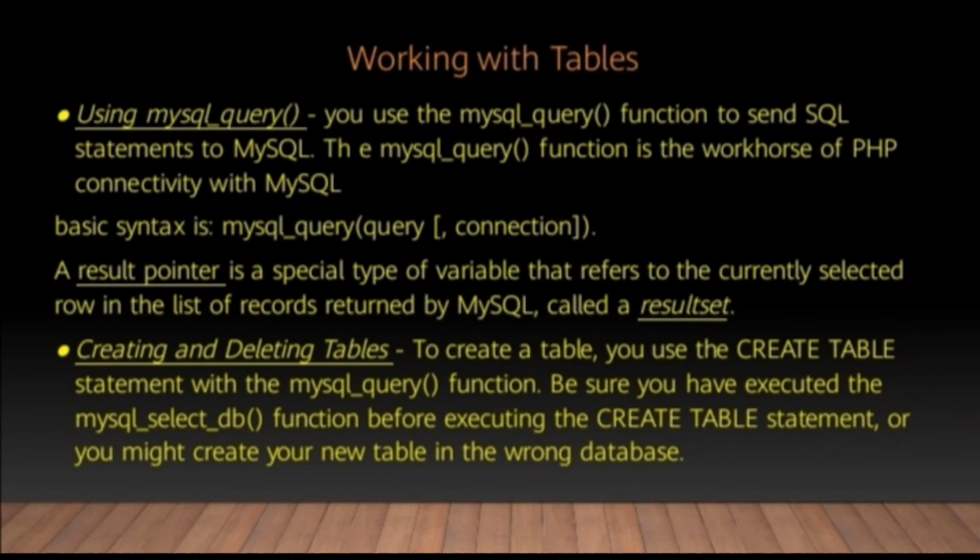The mysql_query function is the workhorse of PHP connectivity with MySQL. The basic syntax is mysql_query(query, connection). A result pointer is a special type of variable that refers to the currently selected row in the list of records returned by MySQL, called a result set.